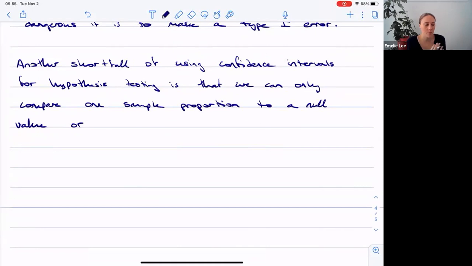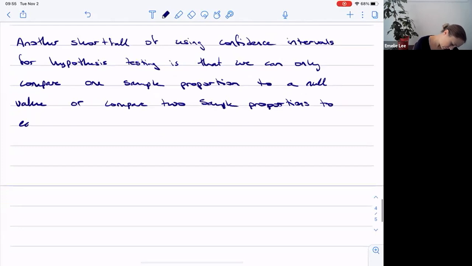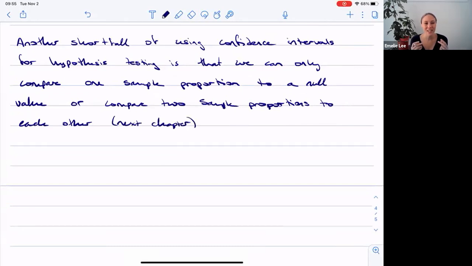But we can't compare more than 2 sample proportions to each other. That's in the next chapter. We're going to get there, where we have multiple sample proportions and now we actually just want to compare them against each other.